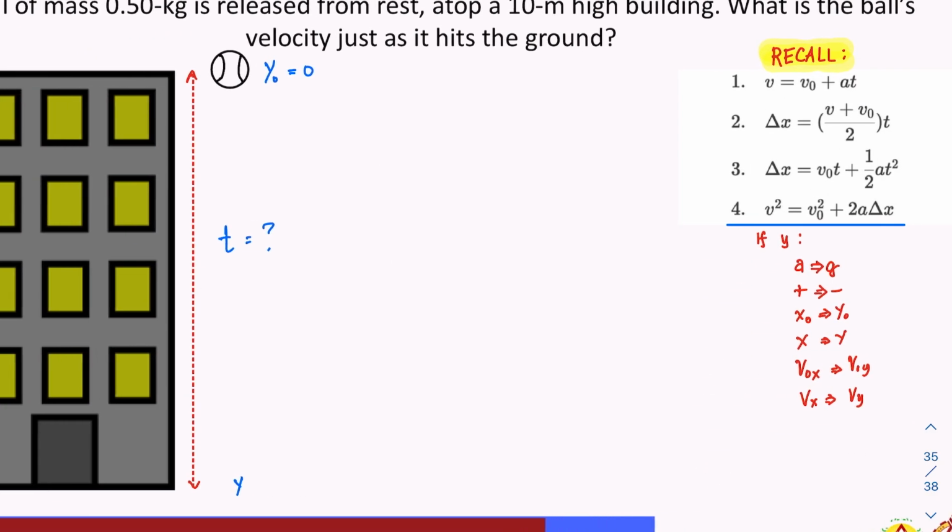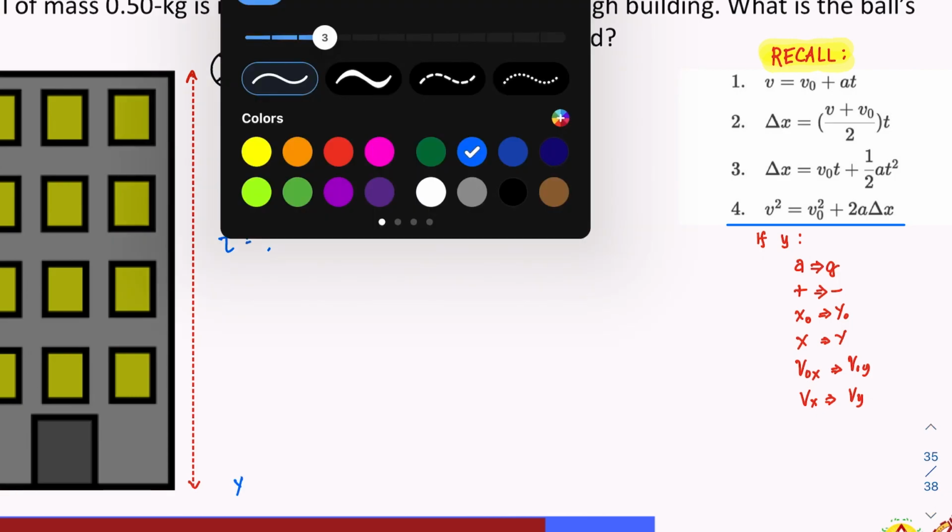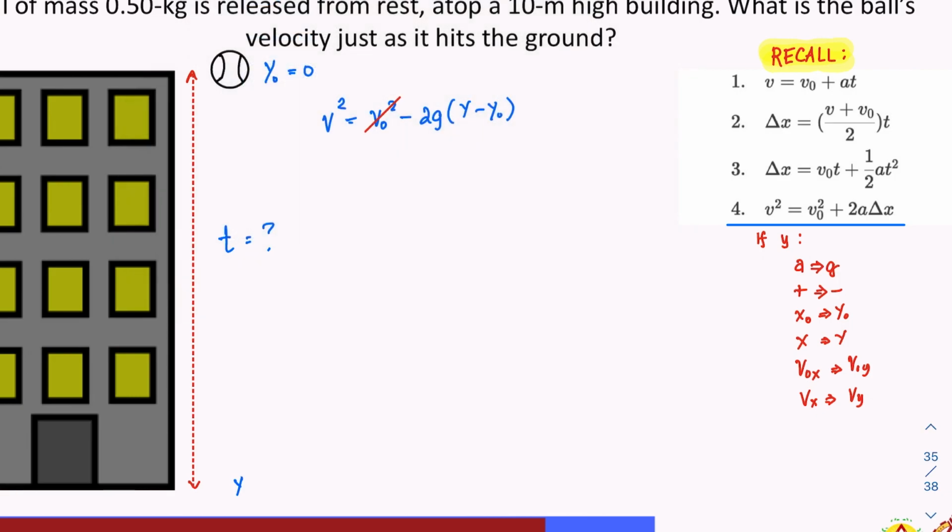So from the kinematics equation, I have v squared is equal to v naught squared, and then minus 2g, and that would become y minus y naught, right? But the initial velocity, v naught squared, will become 0 because according to the problem, that is why you should have noted earlier that it is released from rest, implying that at this point your v naught is 0 meters per second.